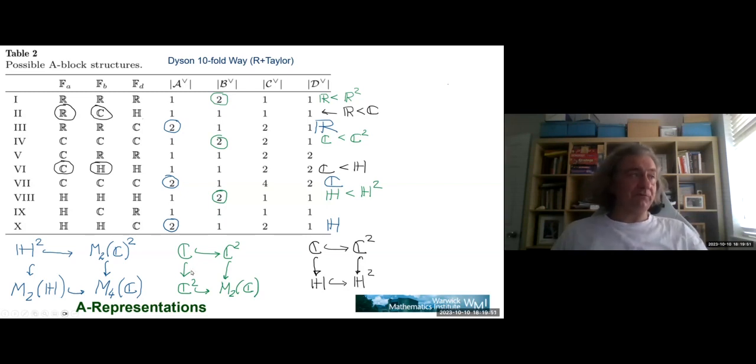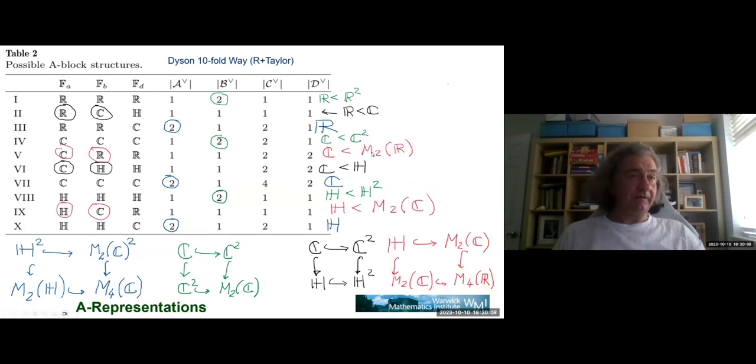In the paper, we also give the smallest possible group where you can observe such a block. We have a list of smallest possible groups to observe the structure of each block. And then the last two are where you have complex numbers inside 2 by 2 matrices and H inside 2 by 2 matrices.